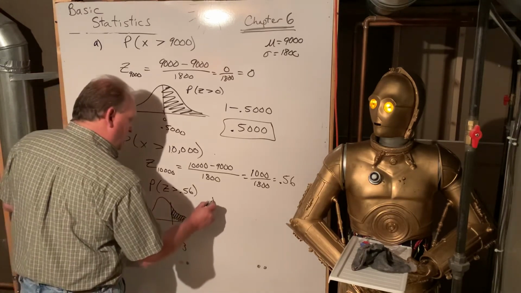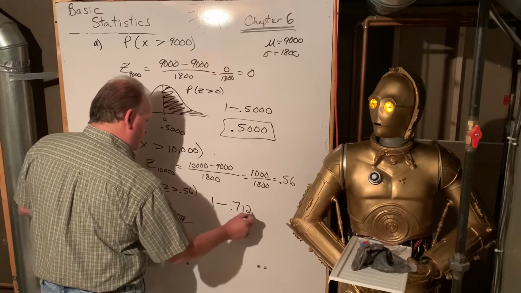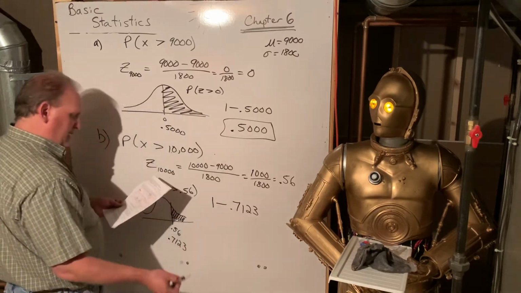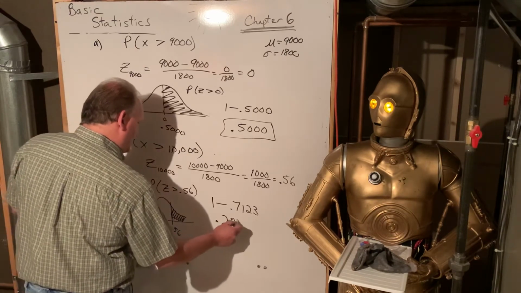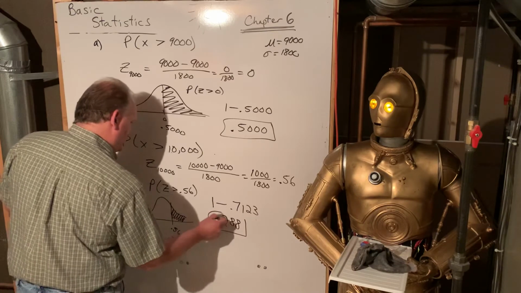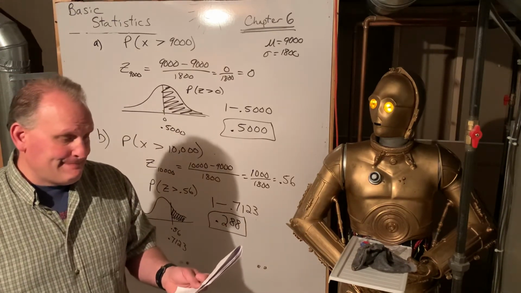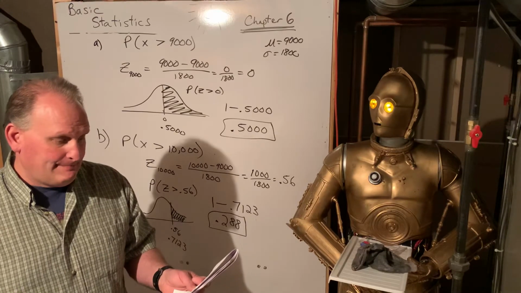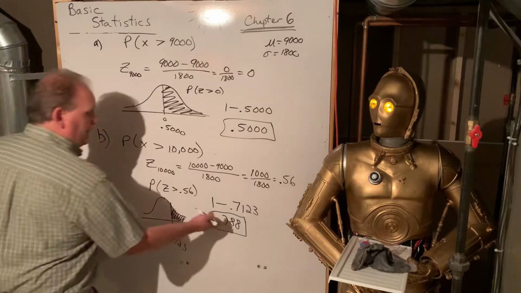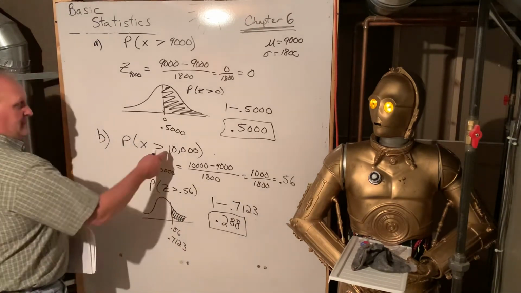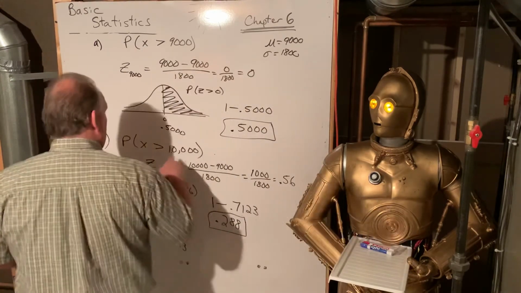And so then we're going to do 1 minus 0.712. And so that is 29%, 0.288. Okie dokie. So about 29% chance that your daycare, the top 29% are above 10,000 a year.